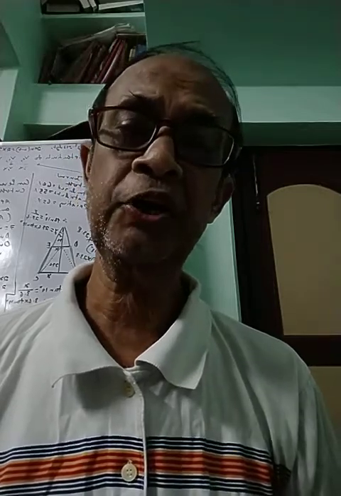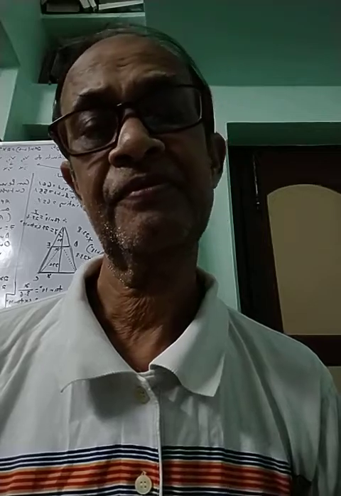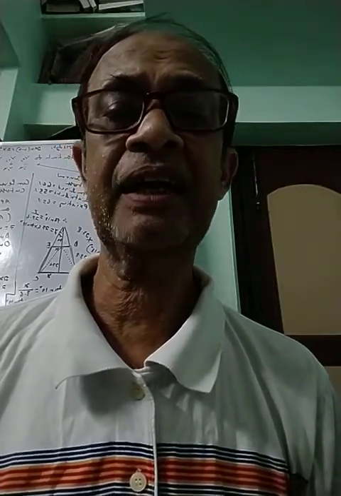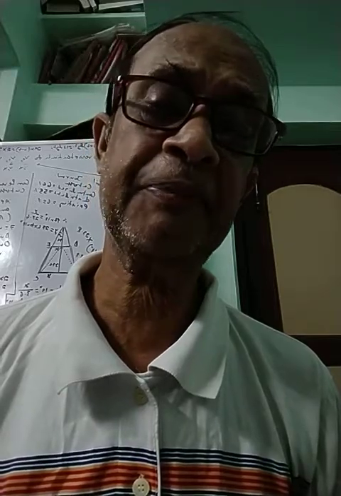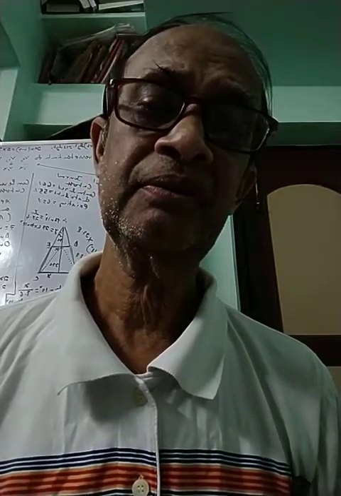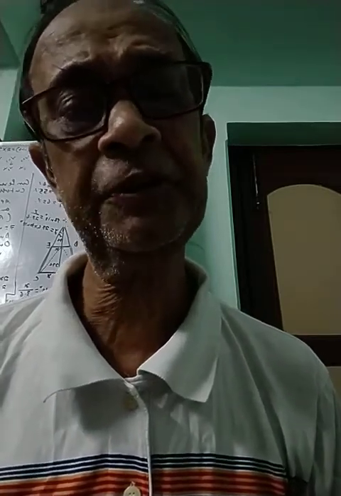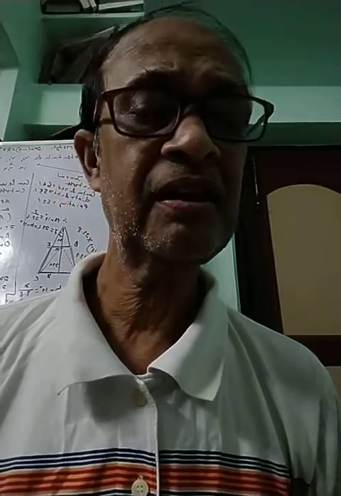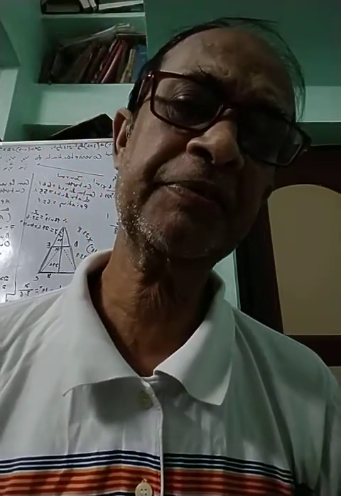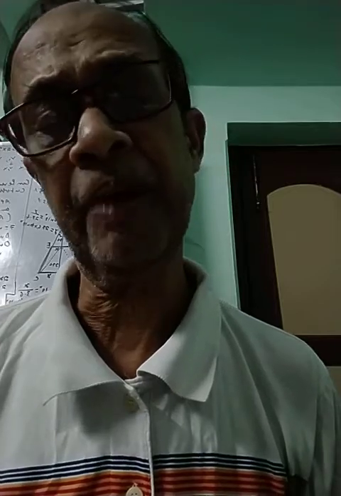So rumor is appositive to the noun clause that Netaji was killed in the Taihuku plane crash, and that clause is appositive to the rumor. Clear? Rumor is appositive to the noun clause, and the noun clause is appositive to the noun rumor.